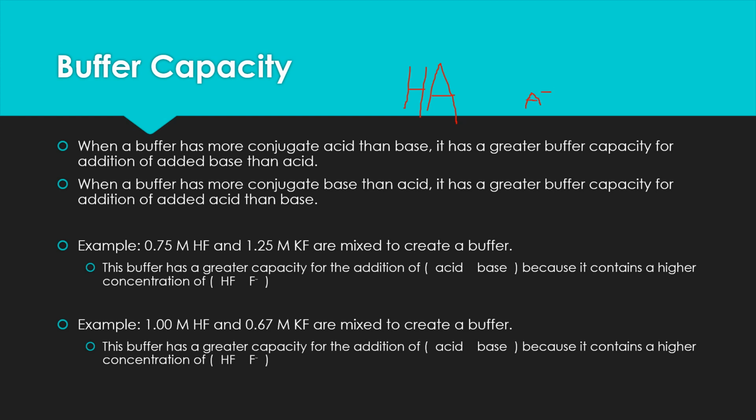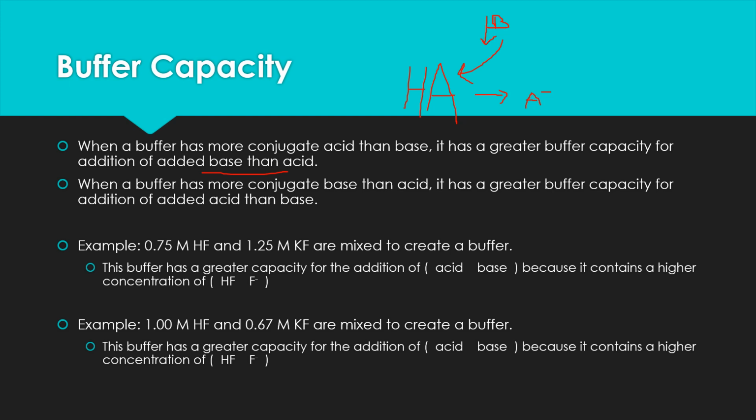Okay, we'll just draw them big and little to represent that. It would have the greater buffer capacity for addition of added base than acid, because if I add base to this solution, that strong base is going to react with my acid and shift that equilibrium. Okay, so since I have a lot of acid there, I'm able to accept a lot of base.